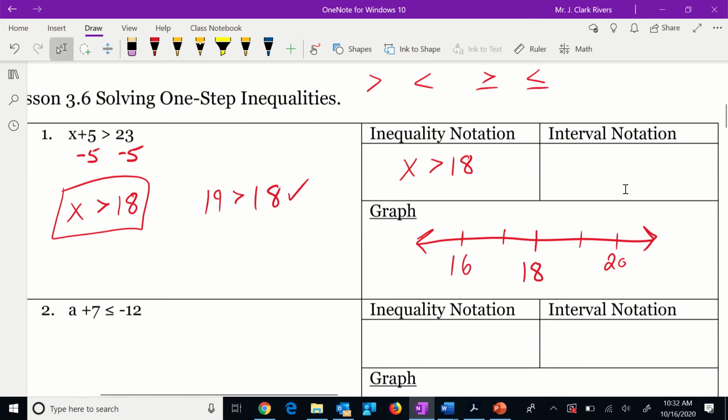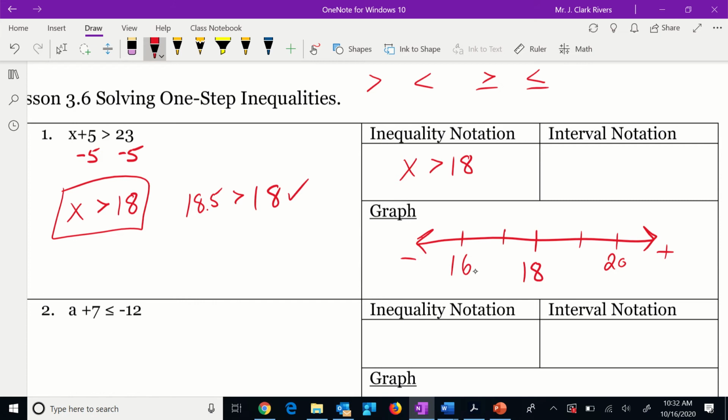So where is it located relative to 22? It's located to the left. What about 21.5? Is 21.5 less than 22? Yes, it is. So all the less than numbers are going to be to the left, okay? All the greater than numbers are going to be to the right.